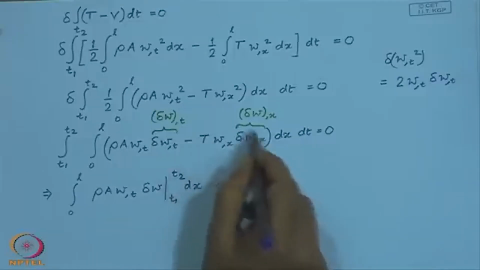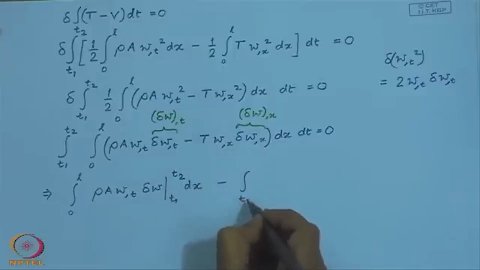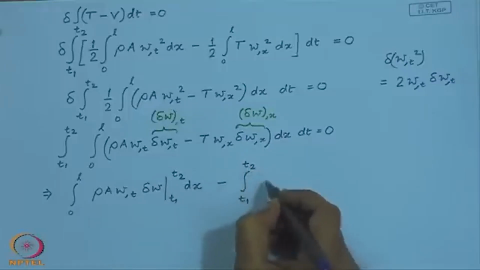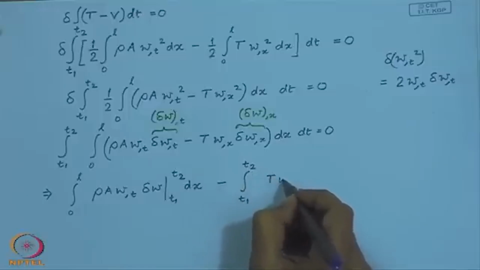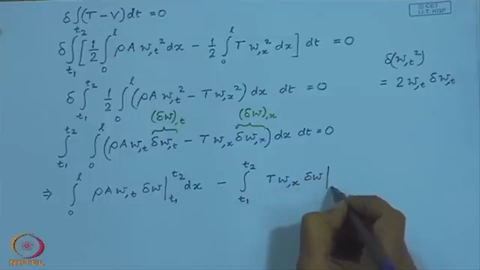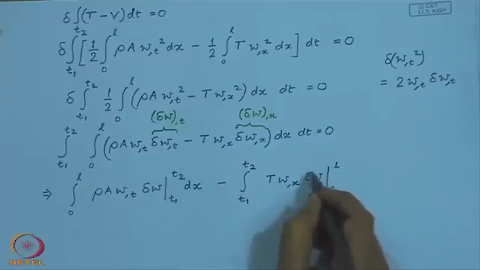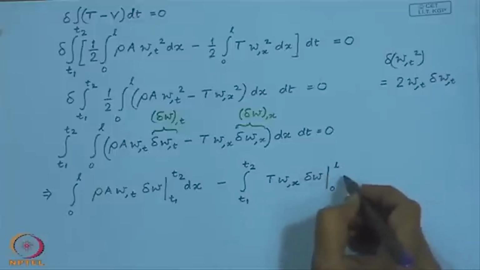Similarly, this is going to give me, this has to be integrated by parts over space. So, my time integral will remain, so first function and the spatial integral of the second function.